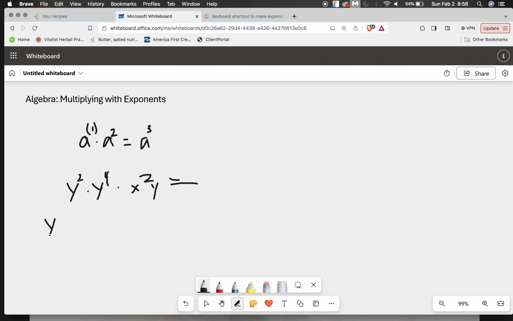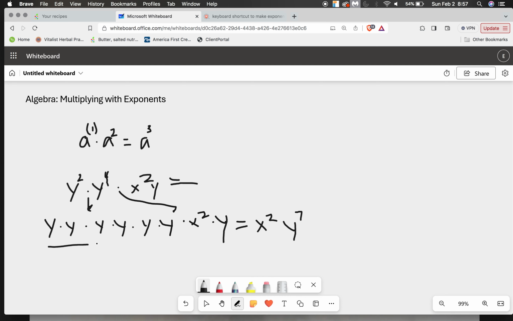It would be y times, thanks to that one, 4 y's: y times y times y times y times, thanks to that one, x squared times y. Because those are squished together, they're automatically multiplied. What would that be? 1, 2, 3, 4, 5, 6, 7 y's and an x squared. So the answer to that would be x squared y to the 7th.